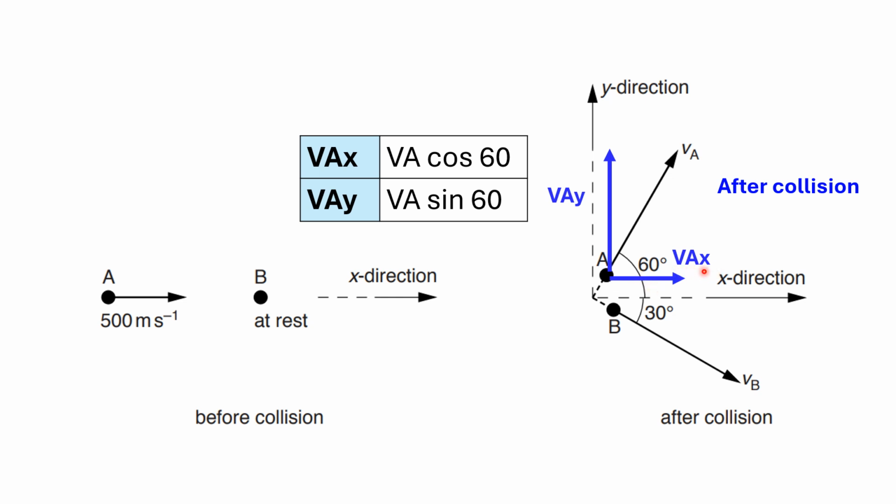VAX, or VA in the x direction, is VA cosine of 60, because it's close, cosine. And VAY will be VA sine of 60, because it is away from 60, then use sine.